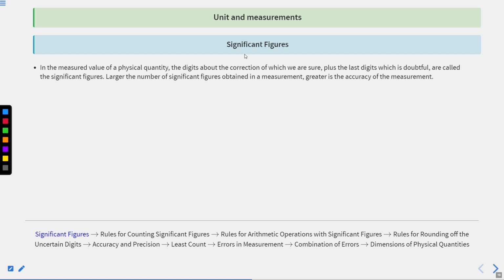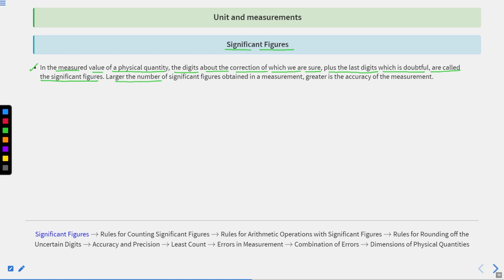So first is significant figures. In the measured value of a physical quantity, the digits about the correctness of which we are sure, plus the last digit which is doubtful, are called the significant figures.